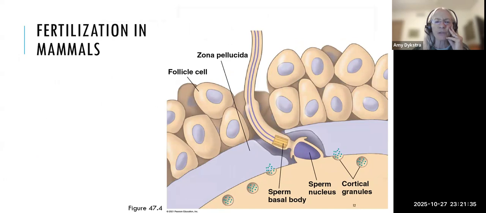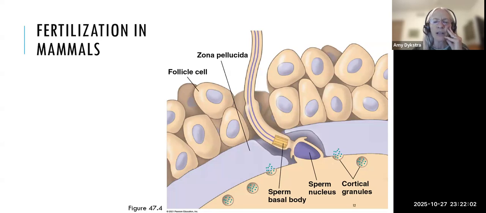Again, we're going to have an acrosomal reaction that helps the sperm get through the zona pellucida. And I tried to read up a little bit on this, and it seems like that acrosomal reaction either starts here in amongst the follicle cells, or it starts once the sperm contacts the zona pellucida. But at any rate, the sperm is able to digest its way to the plasma membrane.